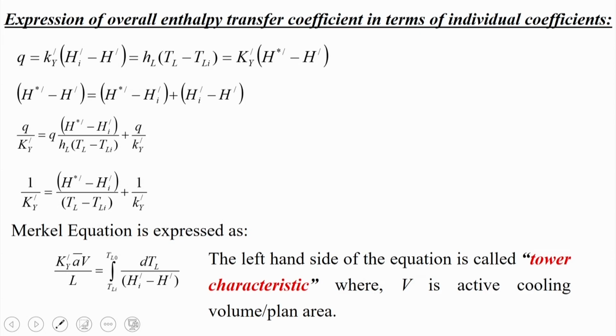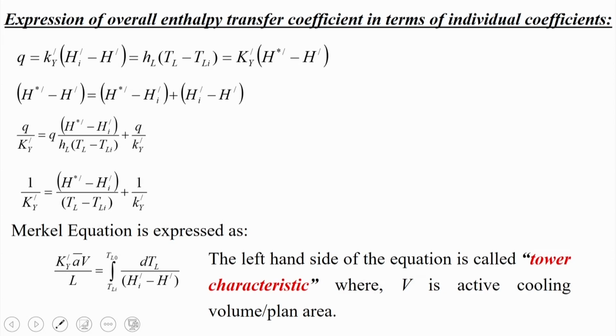We know q is equal to small k_y' into (h_I' minus h'), which is nothing but h_L into (T_L minus T_L_I), equal to capital K_y' a into (h*' minus h'). From there, by manipulation, we get h*' minus h' is equal to (h*' minus h_I') plus (h_I' minus h'). To put this in the form of q by capital K_y' and q by small k_y', we get q by K_y' is equal to q by q into (h*' minus h_I') by h_L into (T_L minus T_L_I) plus q by small k_y'.